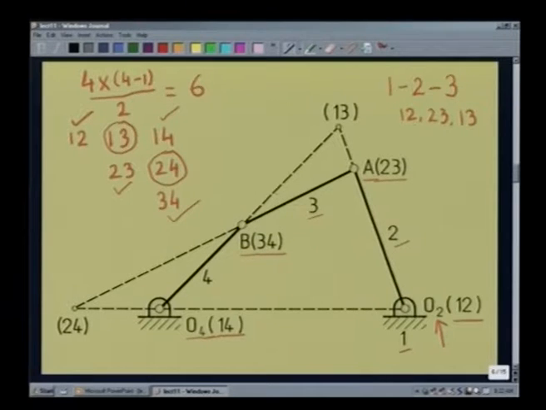Out of these 3, we have already determined 1 2 and 2 3. So, 1 3 must be on the line joining 1 2 and 2 3, that is the line O2A. This line O2A must contain the third instantaneous center, namely 1 3.